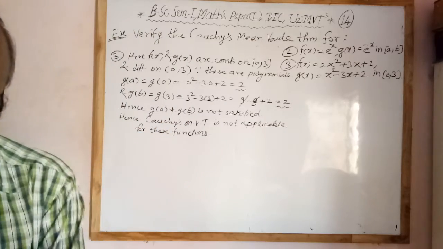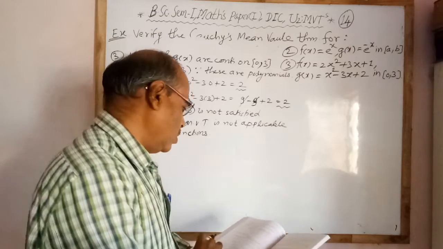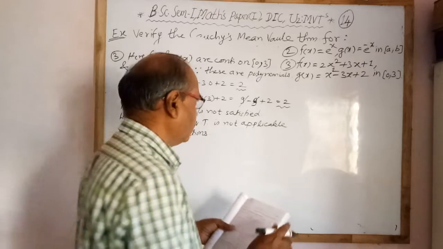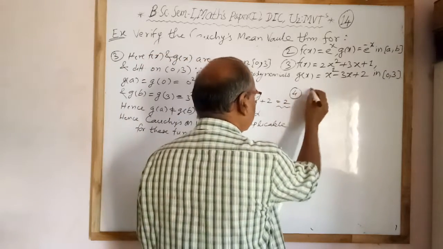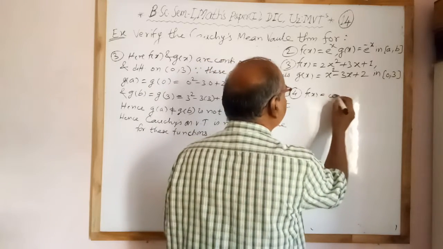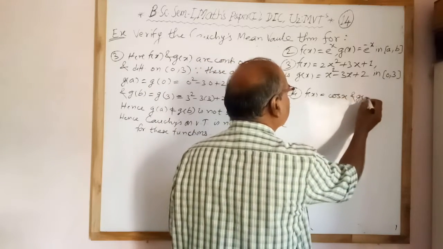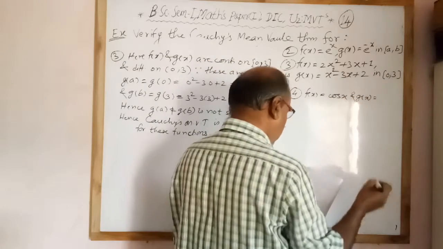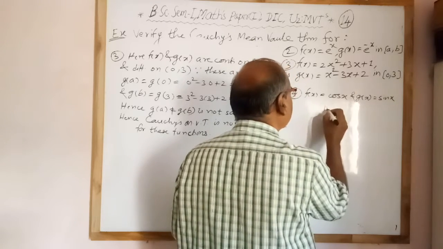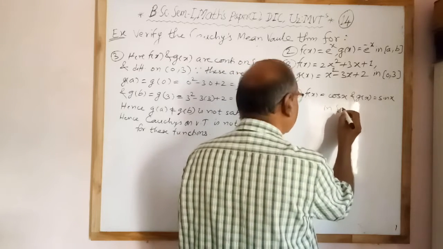I have tried to solve one example as a homework. f of x equal to cos x and g of x equal to sin x, in the interval 0, pi by 2.